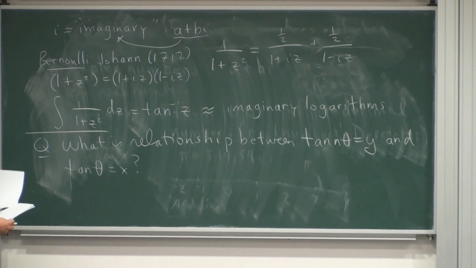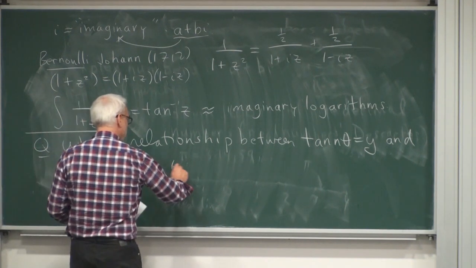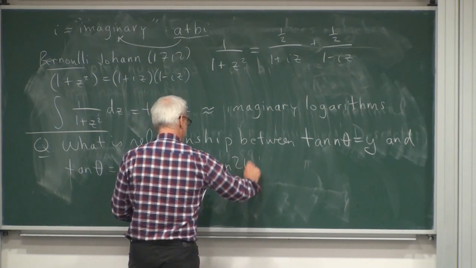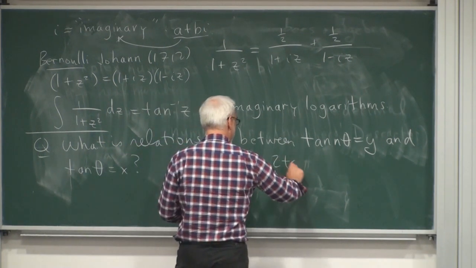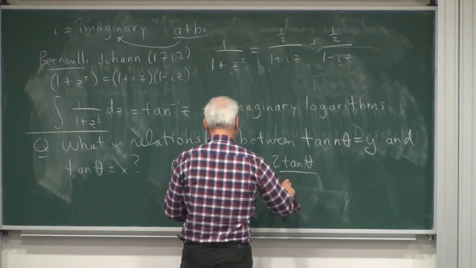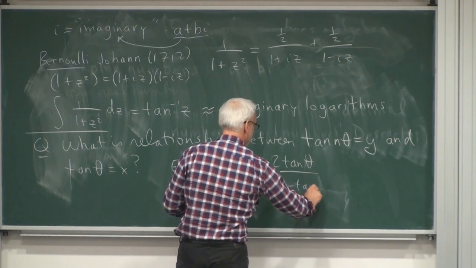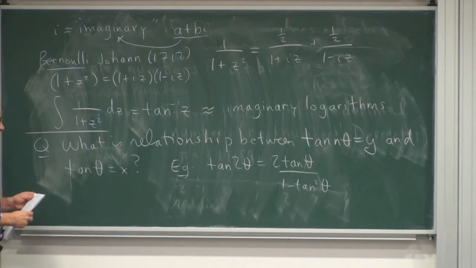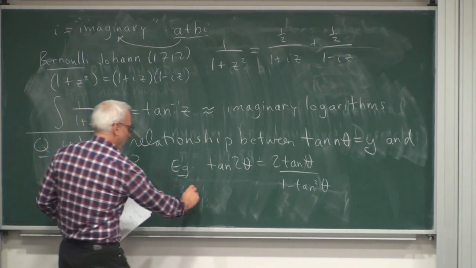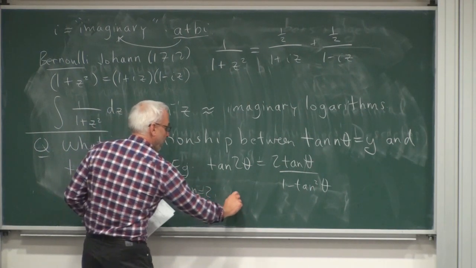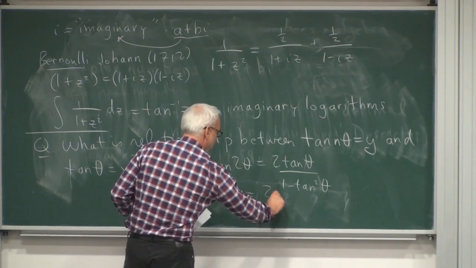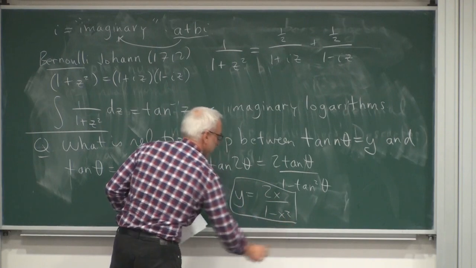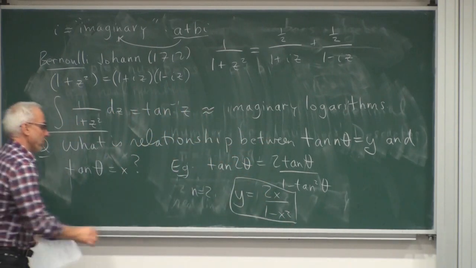A version of this that's probably familiar to you: tan of 2 theta equals 2 tan theta over 1 minus tan squared theta. So that's the case when n equals 2. We're saying that in that case y equals 2x over 1 minus x squared.